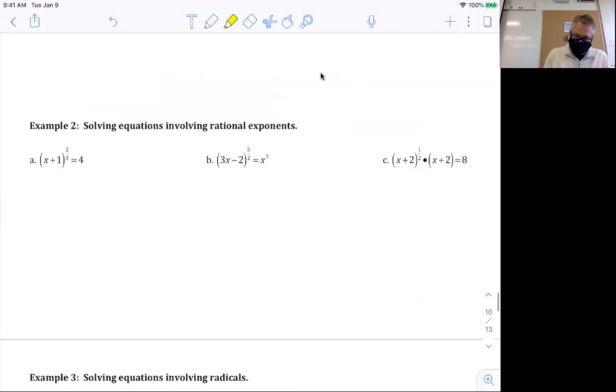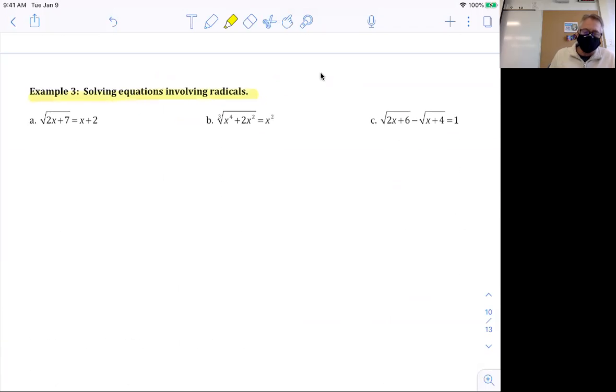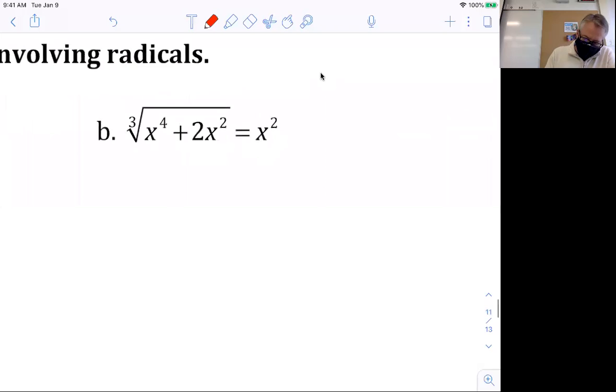But here where we are solving equations, whoops, sorry, not the rational exponents, solving equations involving radicals. All right. I'm going to start off actually by replacing question B with something a little more manageable to start with.